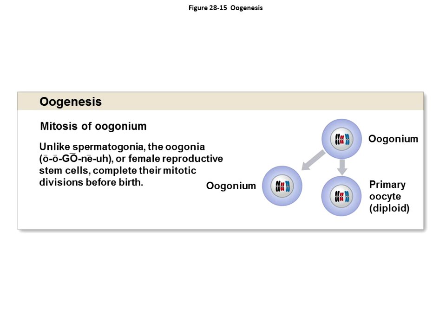But different from the spermatogonium, the oogonium, the female reproductive cell, completes its mitotic divisions before birth. So we have our oogonium, and then we have an oogonium that's just going to lay there. It will eventually go through oogenesis. But this guy here, you finish making them.